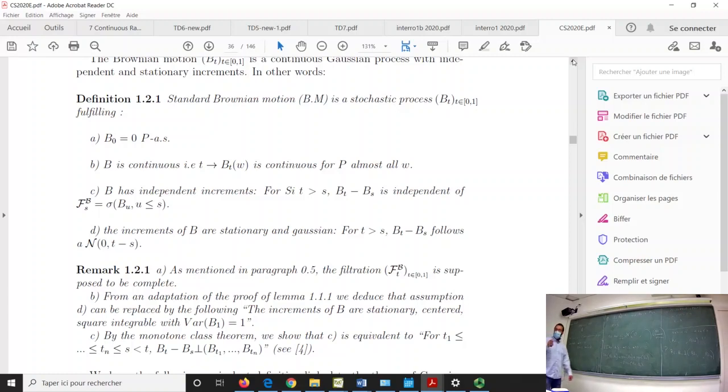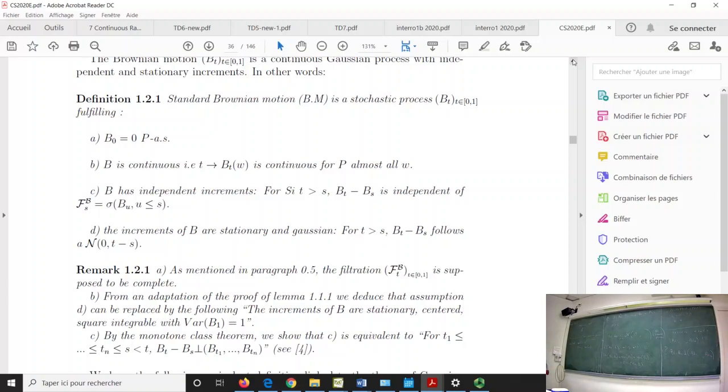Because, as we have seen together, in general independence is not that easy to prove, but for Gaussian vectors, to prove independence I have only to prove that the covariance is 0. Okay? For Gaussian vectors. It's exactly what we are going to use here.